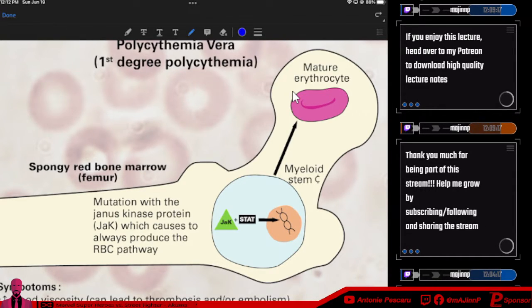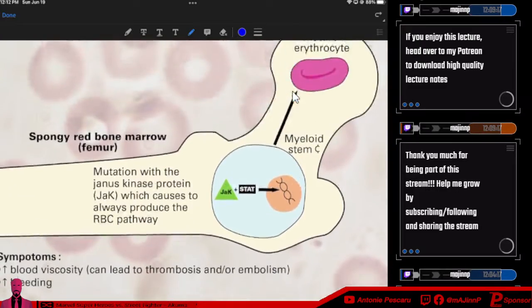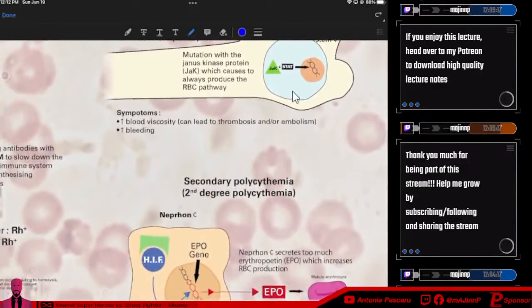You're going to have way too many red blood cells in your system, because the JAK protein is the one responsible for controlling if you have enough or not enough red blood cells. It actually decides, am I going to go through with this pathway towards the mature erythrocyte and have red blood cells in the circulation. And that's what basically happens.